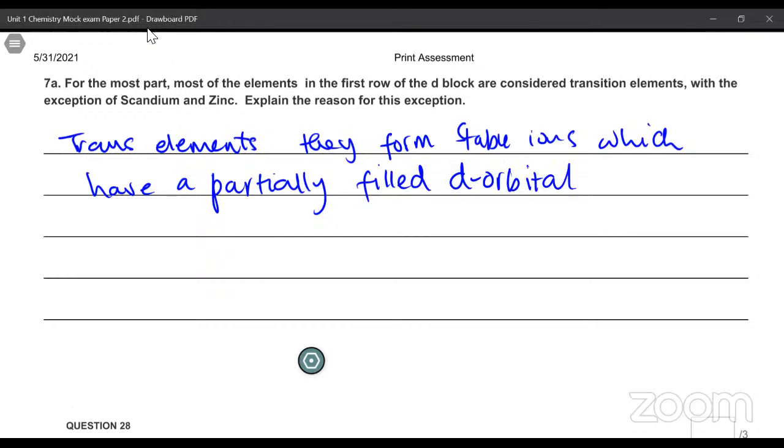All right. And the thing is, scandium 3+, which is the most common ion for scandium, has no electrons in the d orbital, right? If you write out the electronic configuration, you'll see it. So it has no electrons in the d orbital.